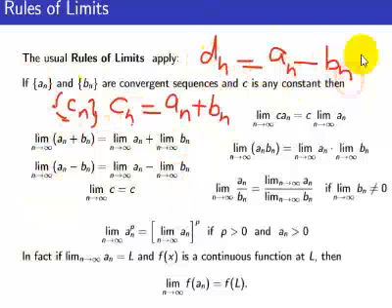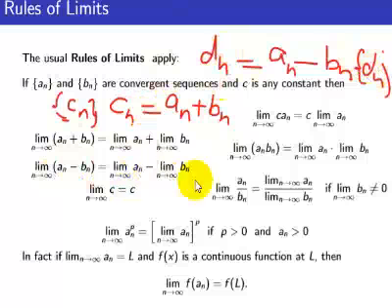Then D sub n is also a sequence, so we can talk about the limit of that sequence. The limit of that sequence is the difference between the limits of A and B, right?